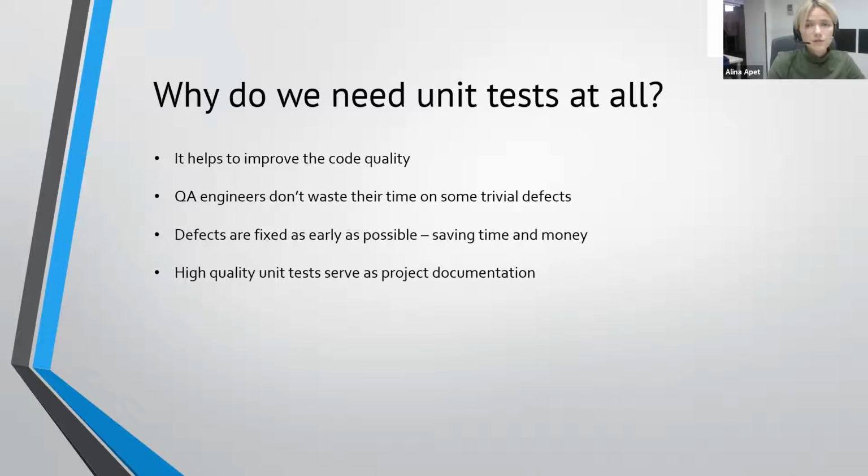And high quality unit tests usually serve as project documentation because they, in their own manner, describe the behavior of each method, if that's clear. If you have some questions regarding this, please feel free to ask.